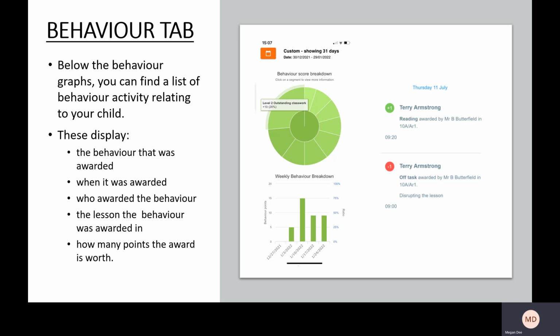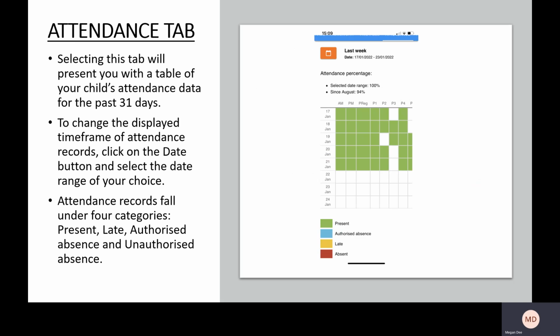So this will show the behavior that was awarded, when it was awarded, who awarded it in school, the lesson the behavior was awarded in, and how many points the award is worth. So level 1 is good, and level 2 is better. Level 3 is even better. If they're getting negative behavior points, it'll be -1, -2, -3, and so on.